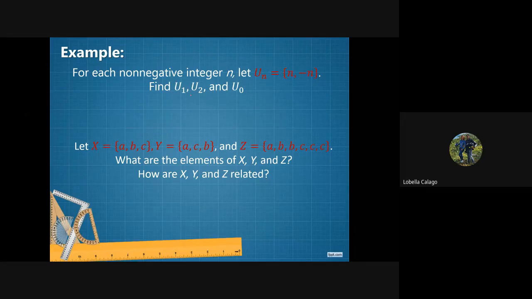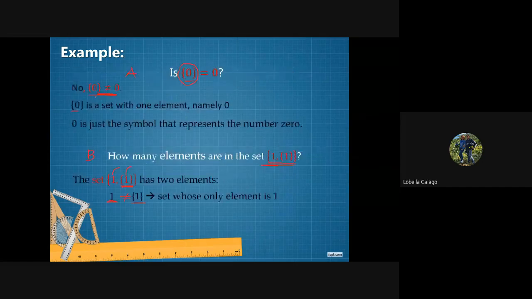So find u1, u2, and u0. And for this one, so we have the set. This one sets what are the elements of x, y, z, and how are x, y, and z related.